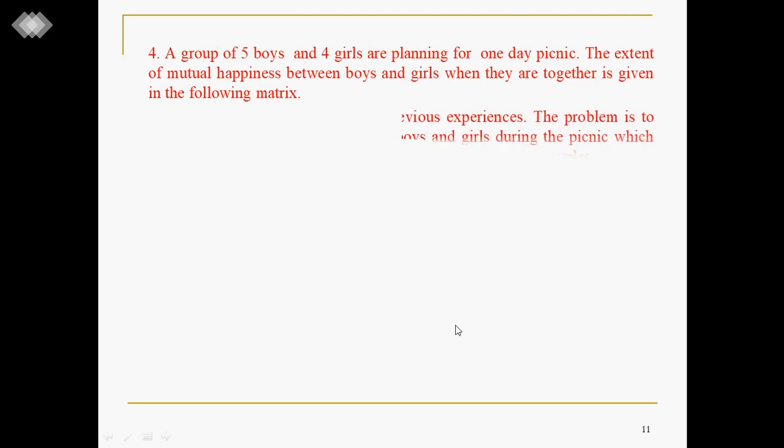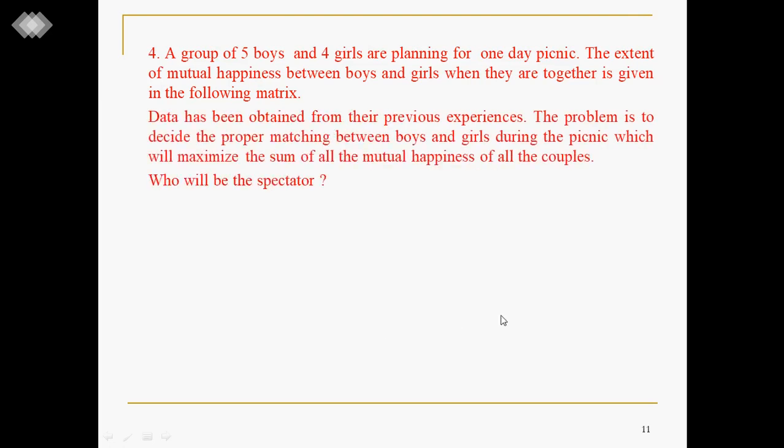Now, just to create interest in the class, I have articulated or formulated this problem. It's very nice. A group of 5 boys and 4 girls are planning a one-day picnic. The extent of mutual happiness between the couples, that is boys and girls, when they are together is given in the following matrix. Data has been obtained from their previous experiences.